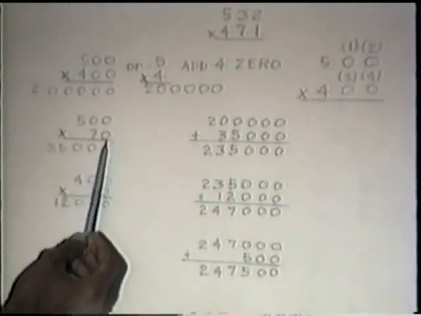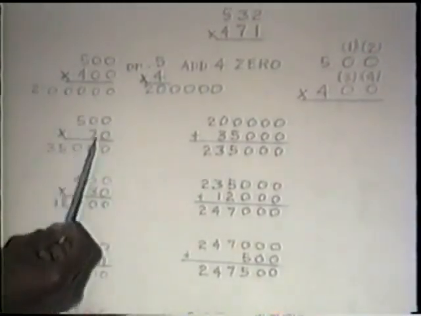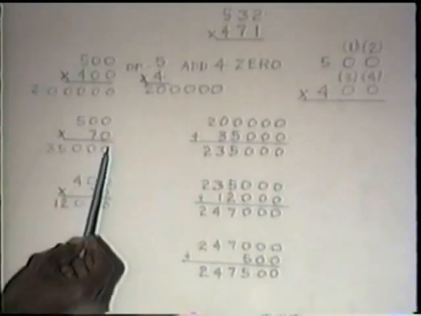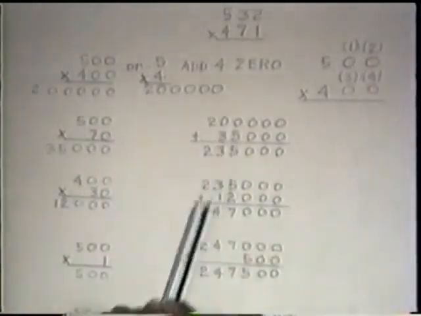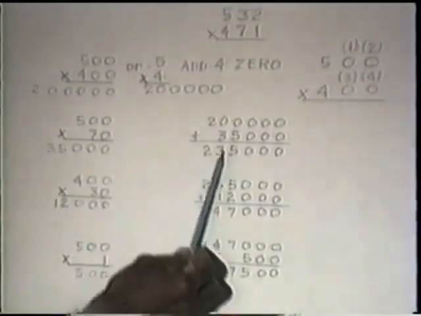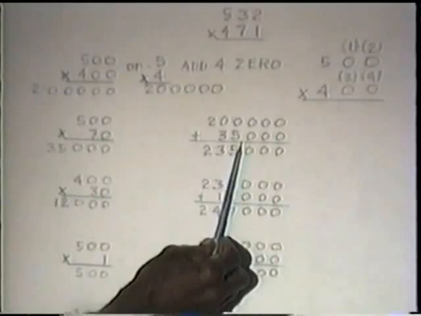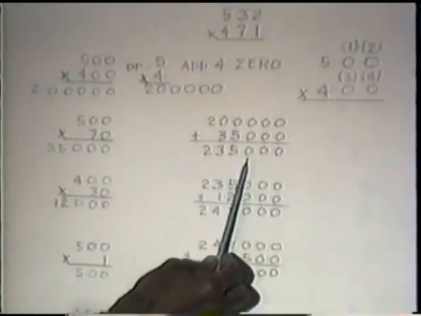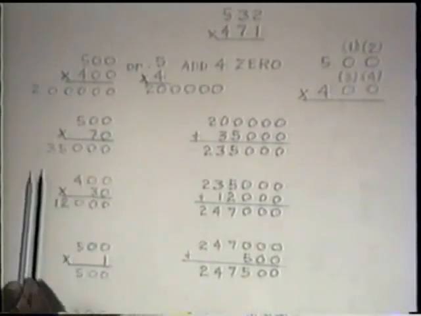And add how many zeros? 1, 2, 3. 3 zeros. So now we have 200,000 and we're adding 35,000 to it. And we have 235,000.